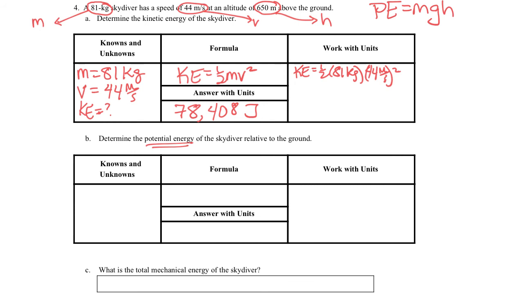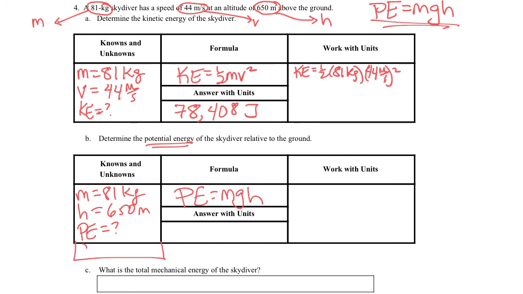Okay, this next question asks us for potential energy. Look at this. This problem gives us information for the whole problem. So it doesn't mean we didn't need the height to figure out kinetic energy. And guess what? We're not going to need the speed to figure out potential energy. So potential energy is mgh. We know the mass. We know the height. And we want to know the potential energy. We also know that g on Earth is 9.8 newtons per kilogram.